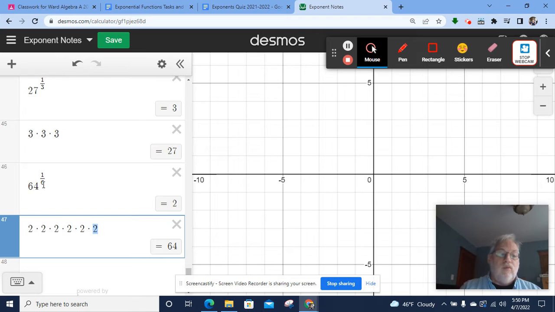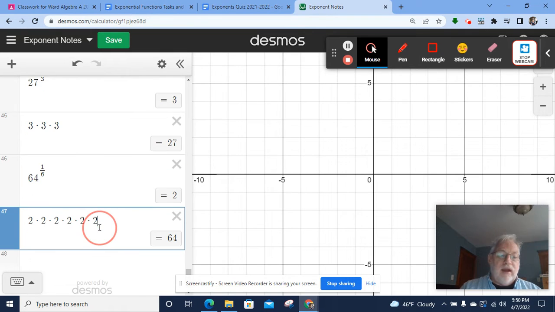Okay, well, what would it mean if instead I talked about the 5/6 power? Well, if it was the 5/6 power, I'm not going to take one of those twos. I'm going to take 5 of those twos. Okay, so think about this for just a second. What would 5 twos be in a timesy sort of way?